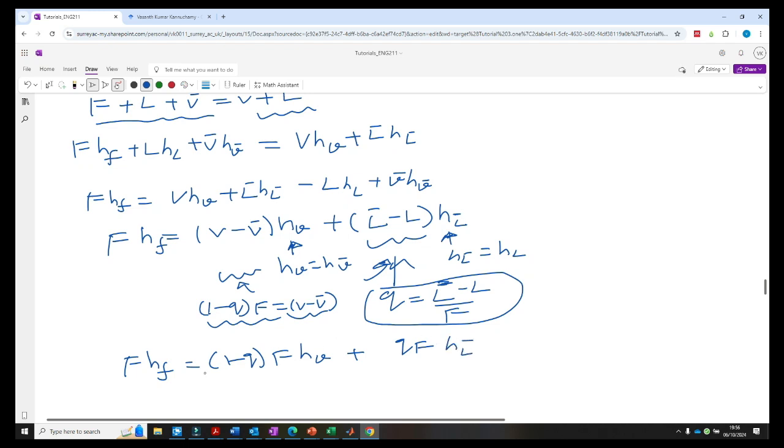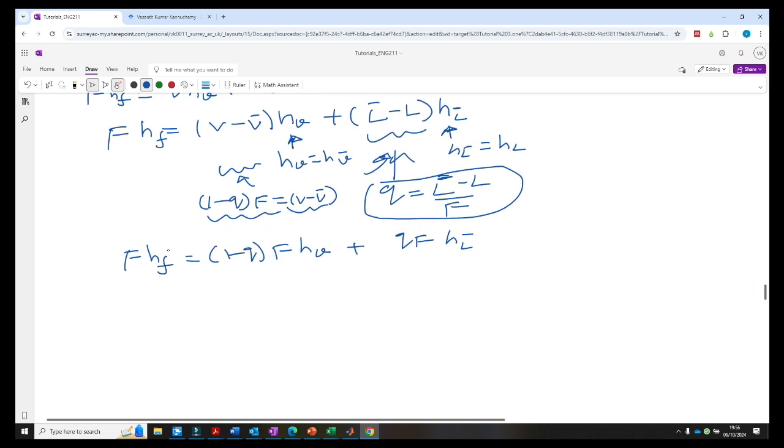So we're going to get a much simpler version for Q from the energy balance expression. Expanding the equation, we have FHF equals F HV minus QF HV plus QF HL dash.